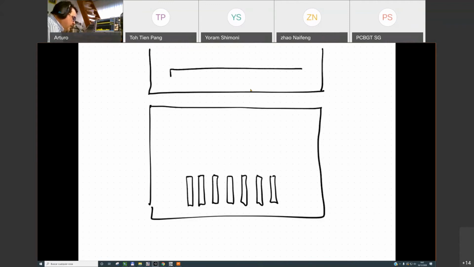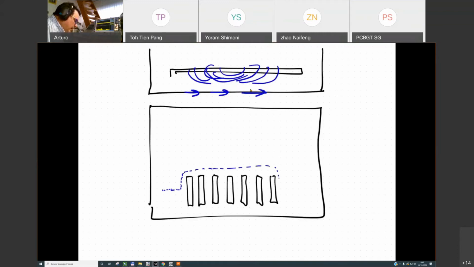Something inside of my product is creating emissions, and these emissions create in the lower part of the product induced currents in the metal. So if you want to see how are the induced currents in the metal, you will see that the induced currents cannot follow the natural direction because they have this opposition.